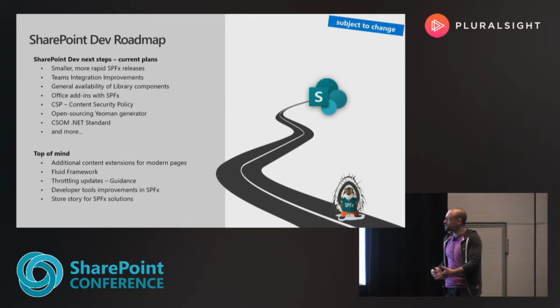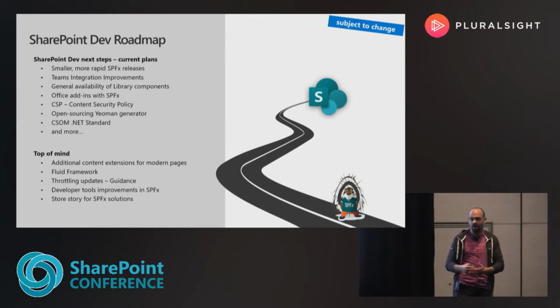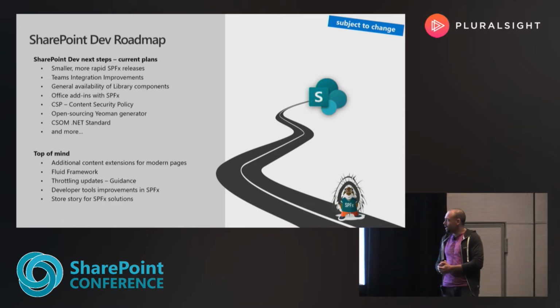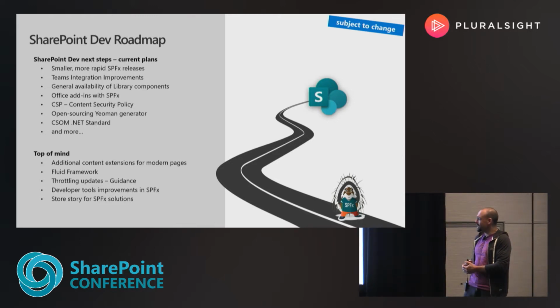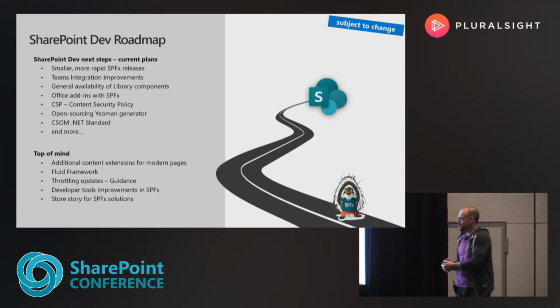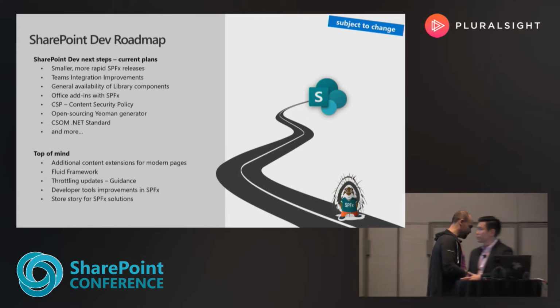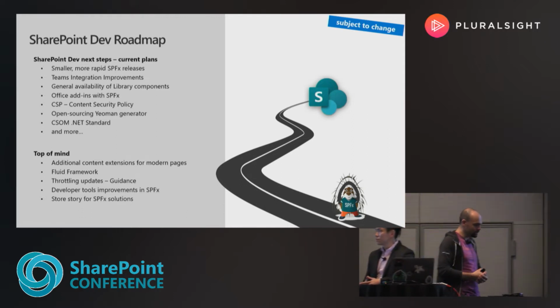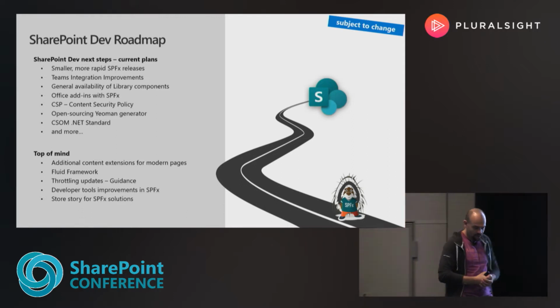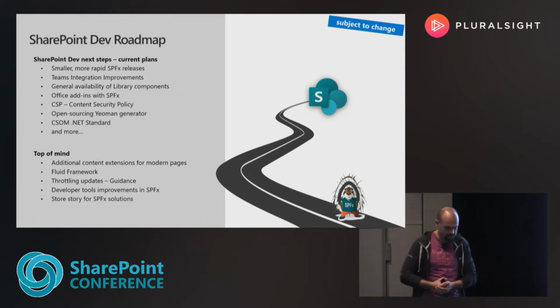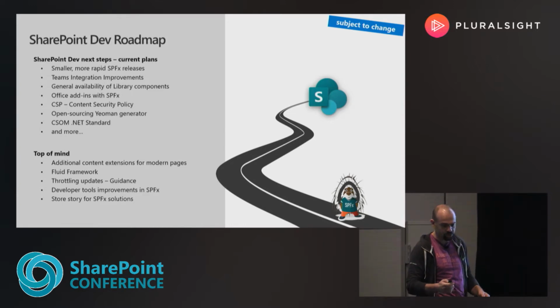We want to do Teams integration improvements. We'll talk about that in a second. And we also want to integrate with other frameworks, just like the Fluid framework. And we are still figuring out, but we promise we're working very, very hard on the solution for better developer tools for SharePoint Framework, as well as our store story.